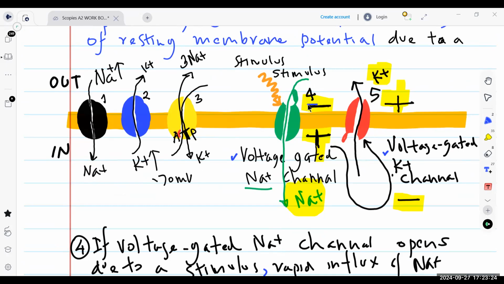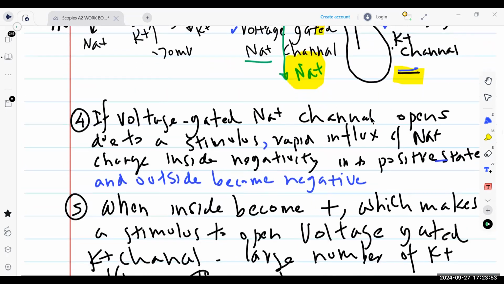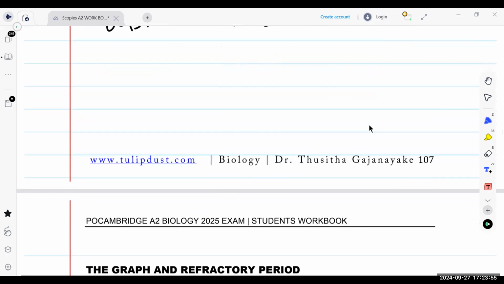This goes outside negative and inside positive. Then at one point, the voltage gated sodium channel closes, and this opens the voltage gated potassium channel. Then potassium ion rapidly goes out to make again outside positive, inside negative. So this kind of rapid change is called action potential, and we learn this in another way.